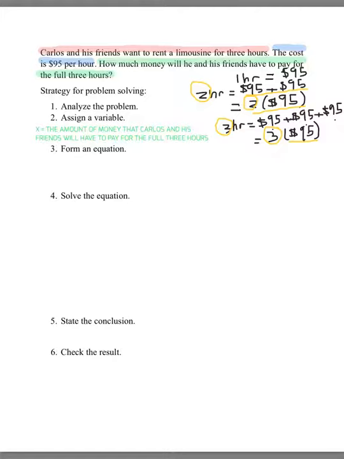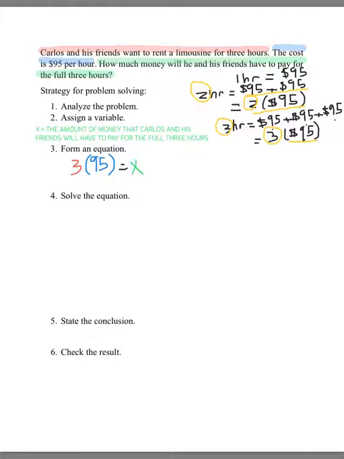So now our equation: we know the hourly rate is $95 per hour, so we'll write 95. They want to rent the limousine for 3 hours, so just like our examples, we multiply that by 3. That's equal to the cost for the full 3 hours, which we decided to represent by the variable x.